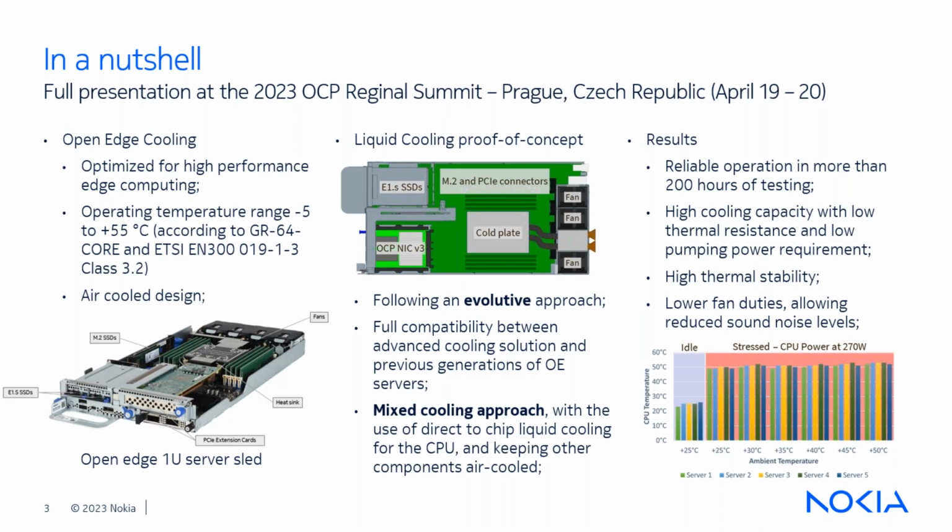The pictures and also this chassis would be present at the summit. And then the chassis is populated with 5 servers. Those servers are modified with cold plates and connections for the liquid cooling. And then this whole system is mounted inside a thermal chamber so that we can test what would be the performance at different temperatures here.